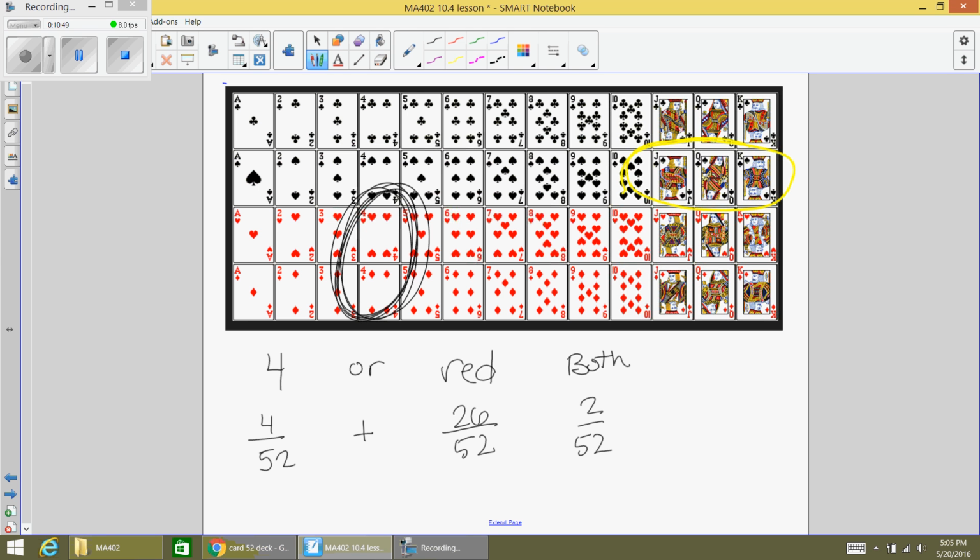You add the individual probabilities. You subtract the overlapping probabilities. And so you get 28 out of 52. And so you have 0.54 or 54%.